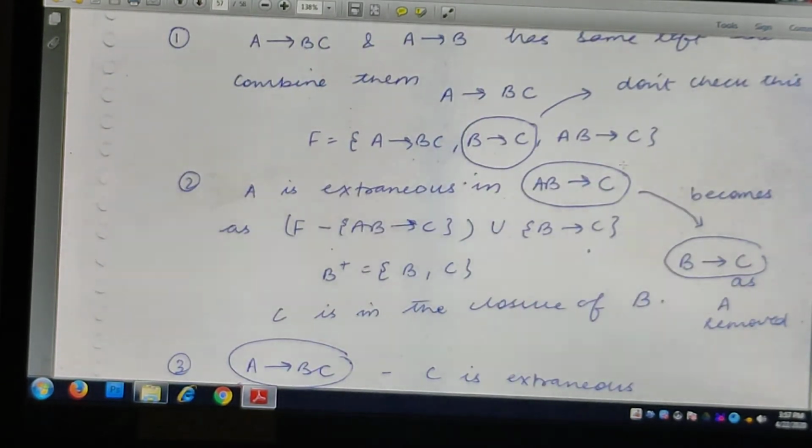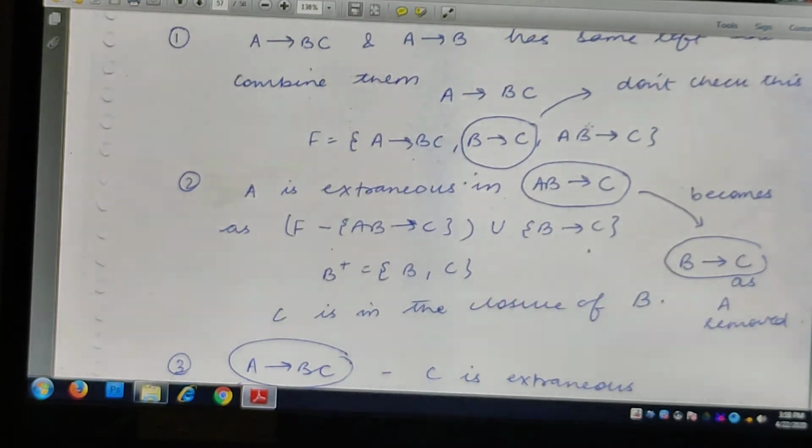We need to check whether a or b is an extra attribute here. Let's check for a. If I remove a from here, it will become b to c. B to c means c is dependent on b. B to c we are already having here.